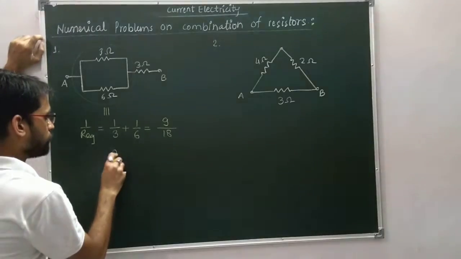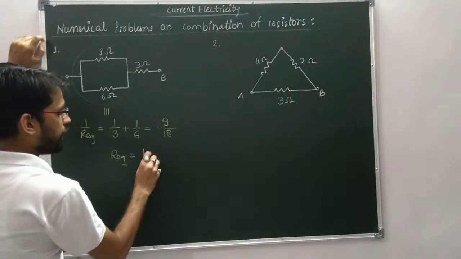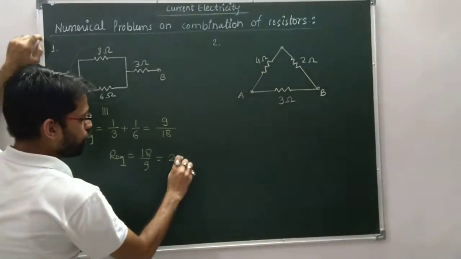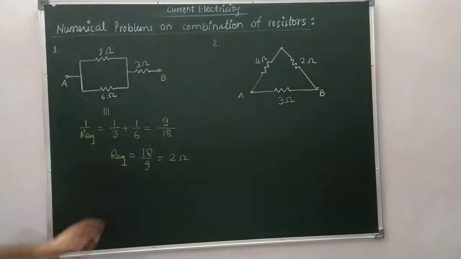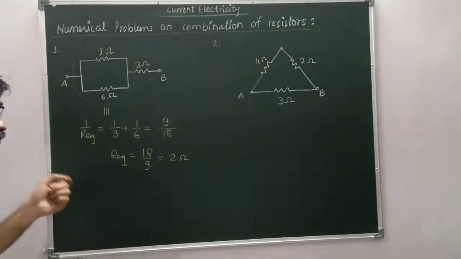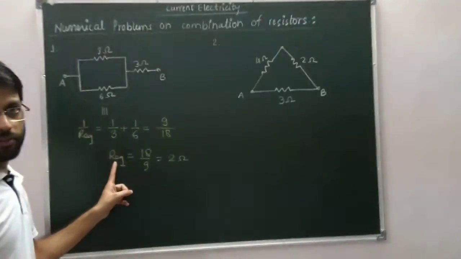Then Req, the equivalent resistance, will be equal to 18 divided by 9, which is 2 ohm. So 2 ohm is the equivalent resistance of this parallel combination, and we can replace this parallel combination by the equivalent resistance.